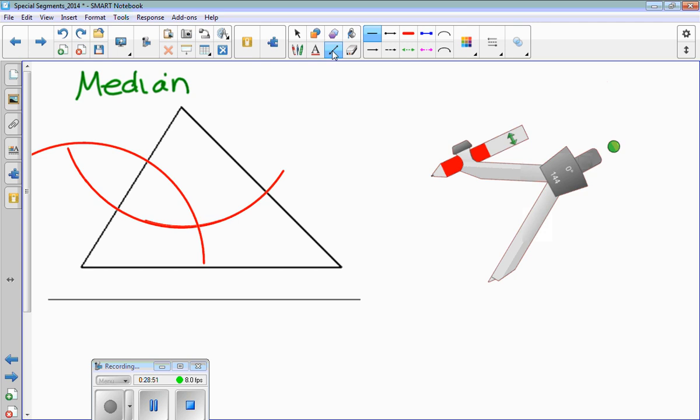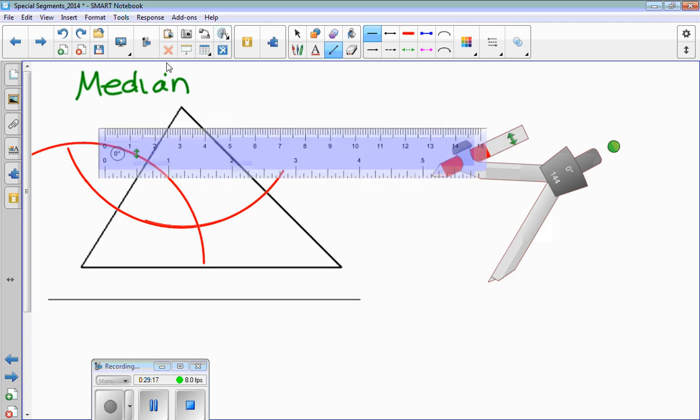Let me just show you. I don't want you to draw the line though. All we're trying to find is the midpoint, right? The line would be the perpendicular bisector, and that's not what we're creating. We're creating a median. So I don't want you to draw the line. I'm just going to use a ruler to show you.